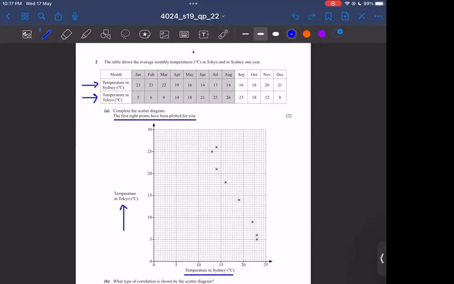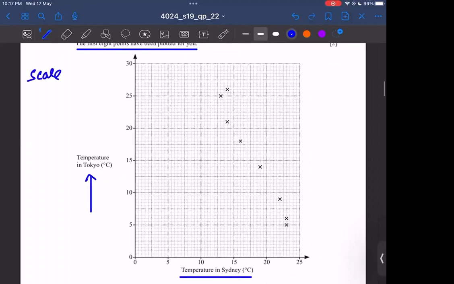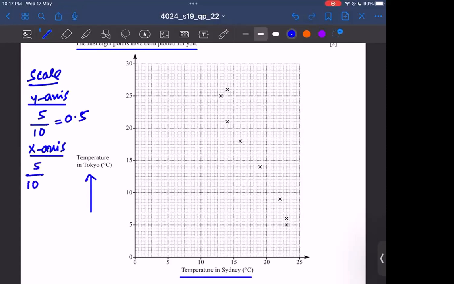So for plotting, we need to understand the scaling. What is the scale of the y-axis? For the y-axis, we have a difference of 5 after every 10 boxes, so it becomes 0.5 for each tiny small box. For the x-axis, we also have a difference of 5 after every 10 small boxes, so 0.5 for each tiny small box.